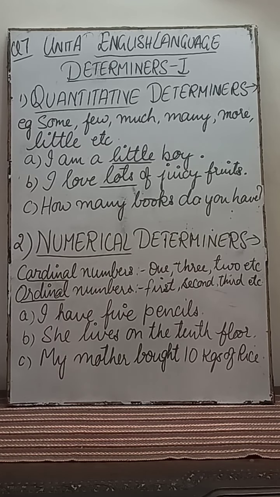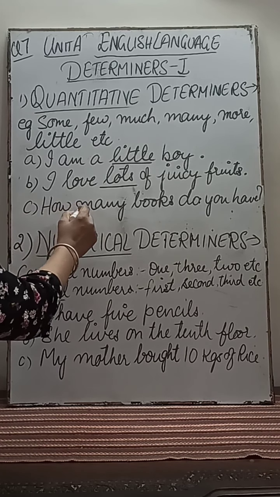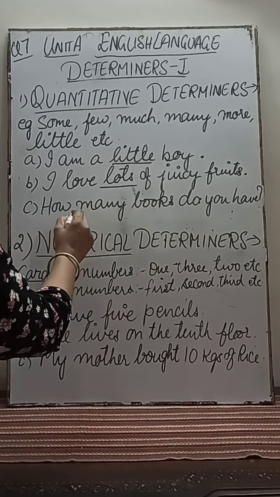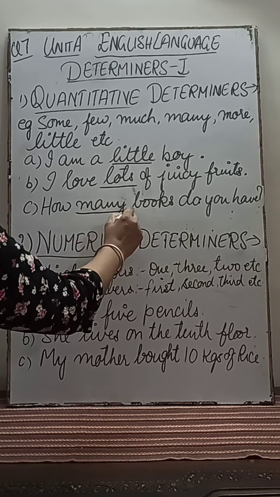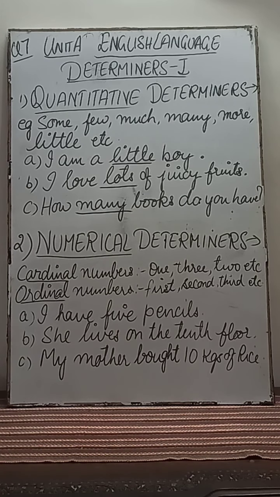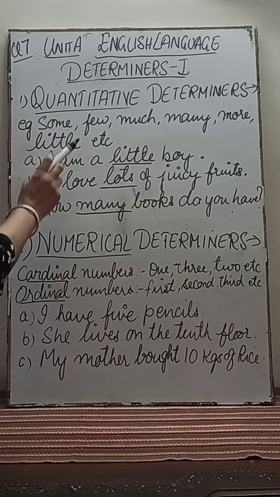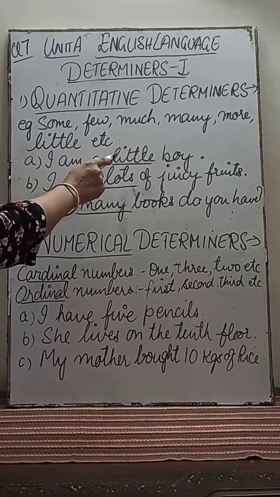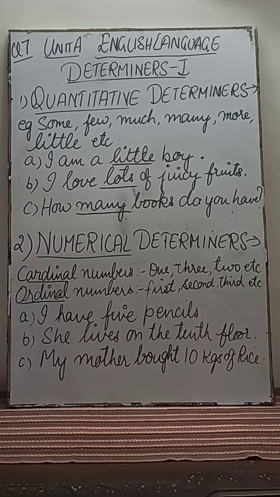It is indicating quantity or the amount. Now the third example is, how many books do you have? So where is the quantitative determiner here? Many. So I hope the concept of quantitative determiners is clear to you by using the words little, lots, many.